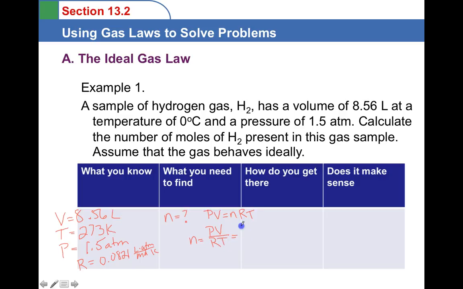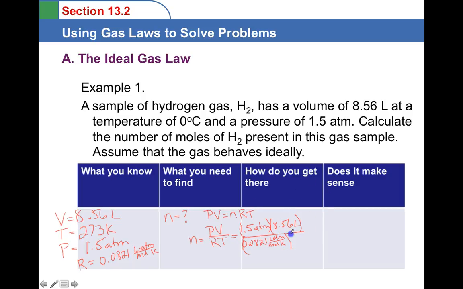And I just start plugging things in. Pressure is 1.5 atmospheres. Volume is 8.56 liters. And I'm going to divide all that by R, which is my constant, 0.0821 liter atmospheres over mole Kelvin.